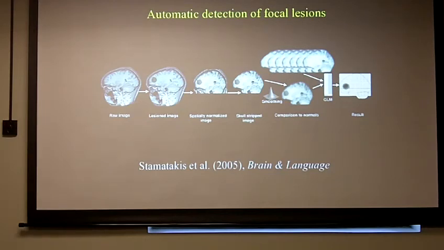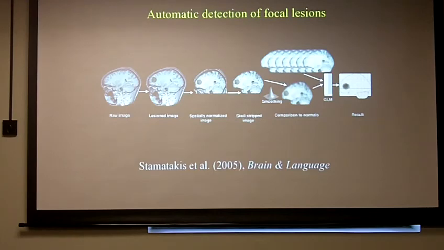So that's pretty much it, and if you have any questions. I just want to mention that there is now an SPM toolbox. I think it's called ALI, for automatic lesion identification. It tries to do lesion segmentation as a separate tissue class. Supposedly it works well enough that you look at it and you're pretty happy with it, but not well enough that you don't have to touch it up afterwards.